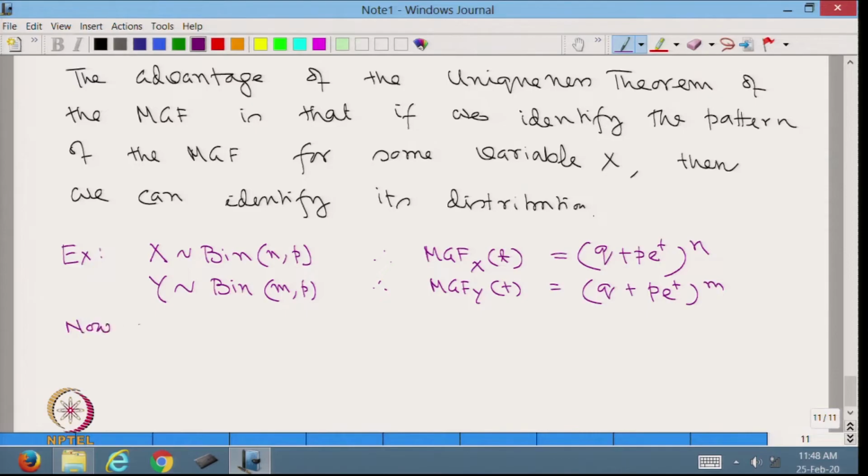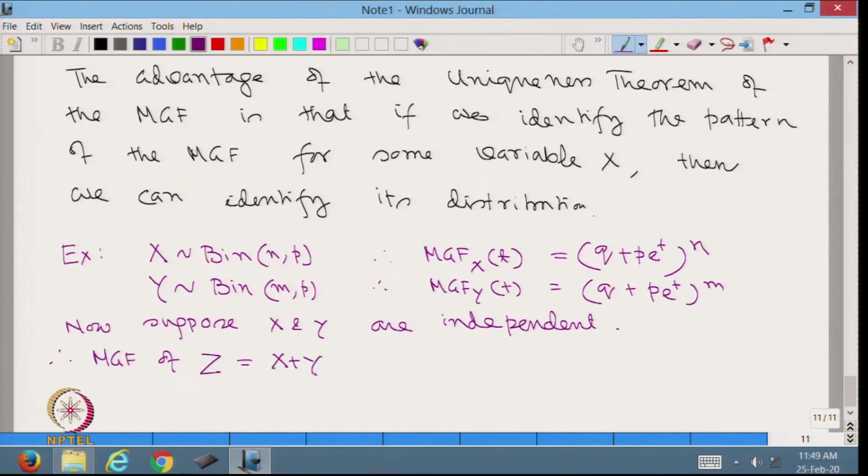Now, suppose x and y are independent, therefore, MGF of z is equal to x plus y.